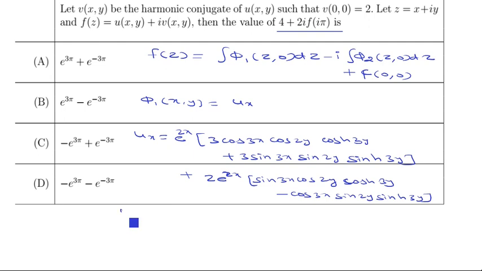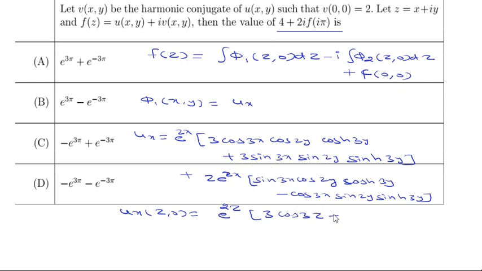So now we need ux of z comma 0. That means we have to substitute x equal to z and y equal to 0. So we get e power 2z times 3 cos 3z, and when y is equal to 0, cos 0 is 1 and cosh 0 is also 1. So therefore we will get 3 cos 3z.